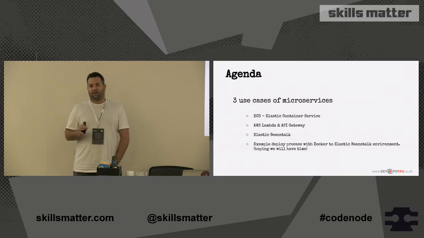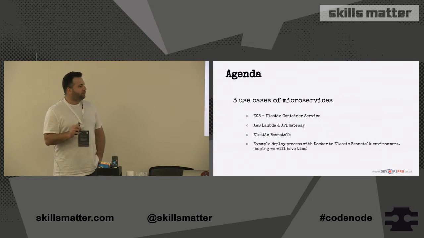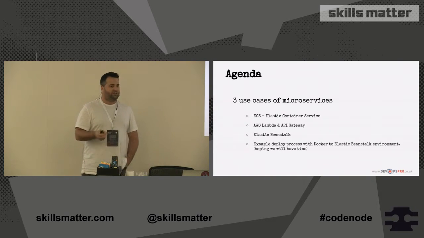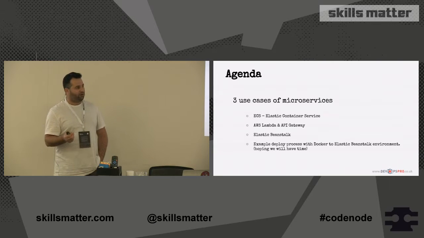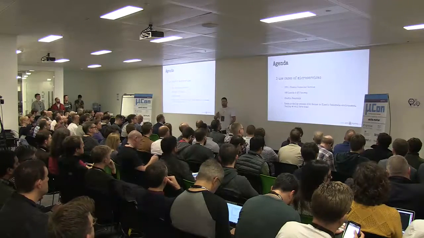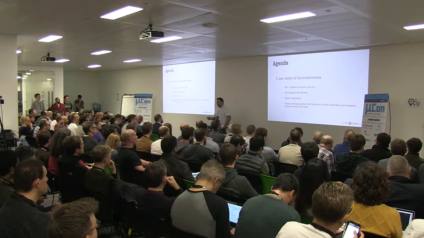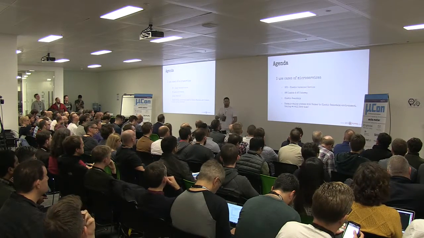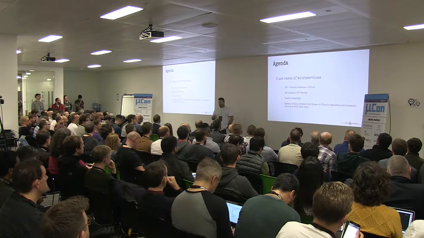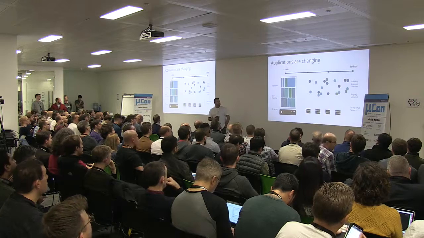Elastic Beanstalk is Amazon's PaaS, which means they provide you everything from the platform side, the hardware; just bring your application and run it. Hopefully we will have time to show the creation of an Elastic Beanstalk environment and deploying a small Node application onto it automatically. So let's start.